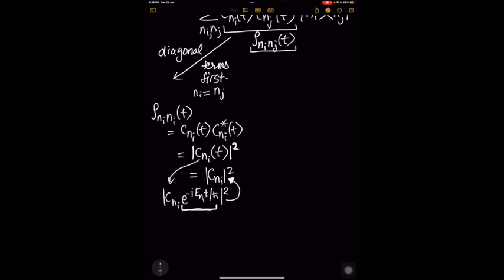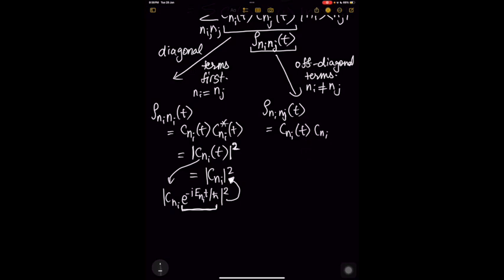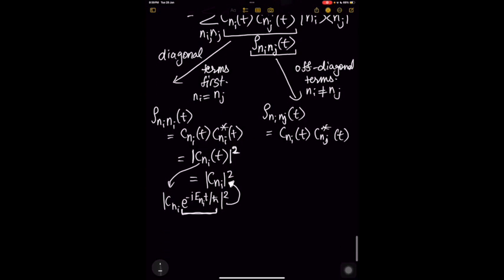So now let us discuss the off-diagonal terms. In this case, n sub i will not be equal to n sub j. So rho n i n j as a function of time will just be c n i of t, c n j star of t. I will explain the physical meaning of the diagonal and the off-diagonal terms soon, but let's just complete the mathematics first.